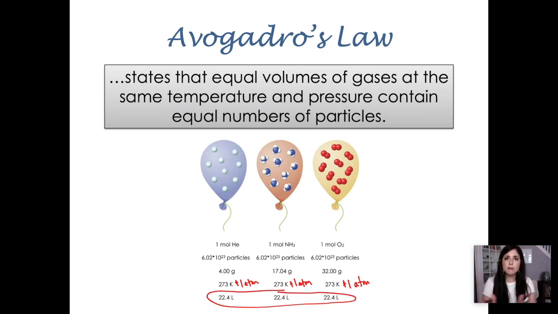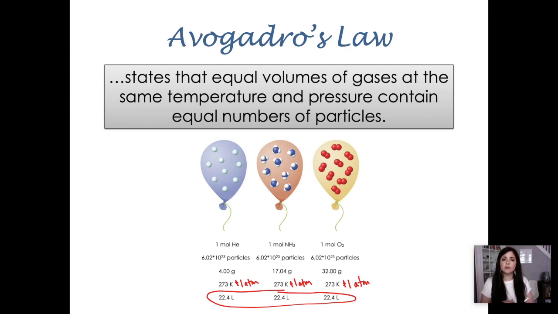If I have 1 mole of any gas at 273 Kelvin and 1 atmosphere, that gas will have a volume of 22.4 liters. That's what Avogadro's law says. Not necessarily the 22.4 liters, but that if I have 2 gases at the same temperature and pressure, and there's the same number of particles, they will have the same exact volume. Okay, Avogadro's law.